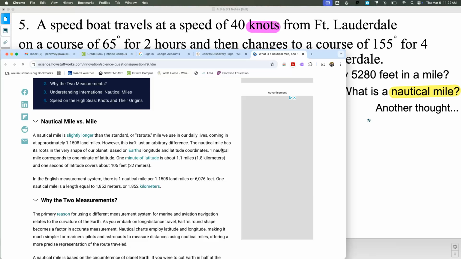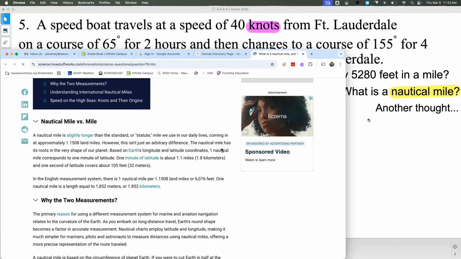Which equates to about 1.1508 land miles. They did that way back in the olden days because they knew they had 360 degrees around the circle, and so they needed to have a standard measurement system for everyone, so that's why they went with them.